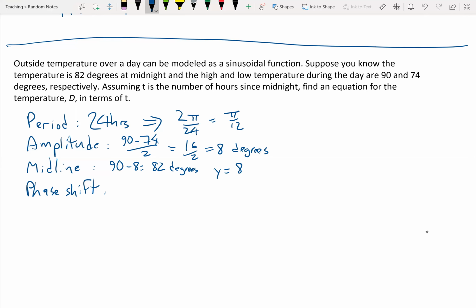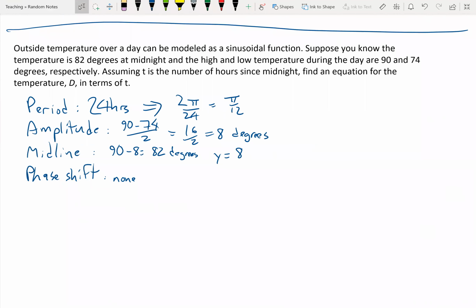In this case, they tell us the 82 degrees is the average temperature, and that's at midnight. That's my starting point. Since they give us the average, the phase shift is none. We say there's no phase shift if they give us the time of an average temperature, a high temperature, or a low temperature.